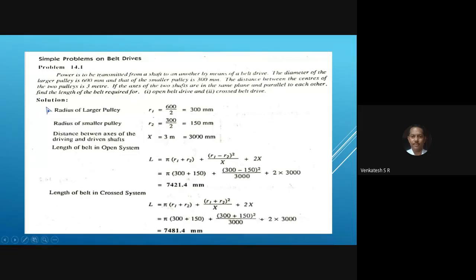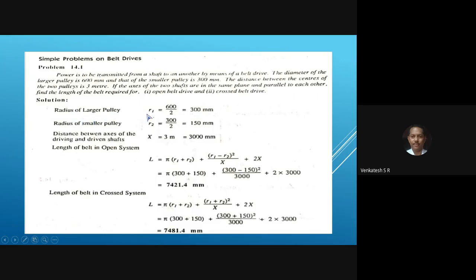Now, write down solution, put a colon and underline that. In the problem you have the diameter of the larger pulley. Radius of larger pulley required for the calculation, R1 equal to 600 divided by 2, equal to 300 millimeter.